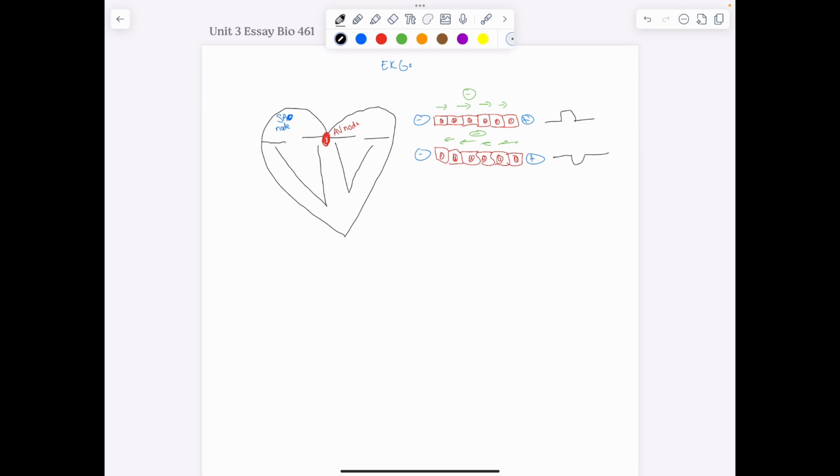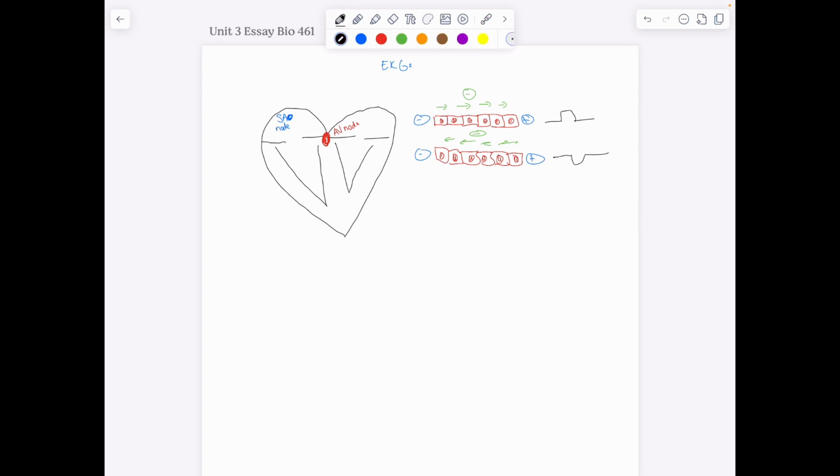So that's important to remember as we talk about the EKG. And so these are our vectors, and we're dealing with the direction and magnitude of the signal that is happening.